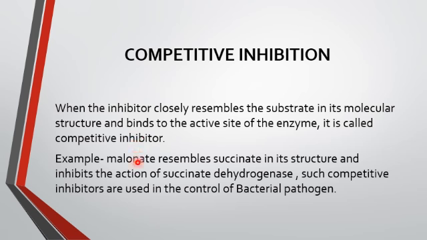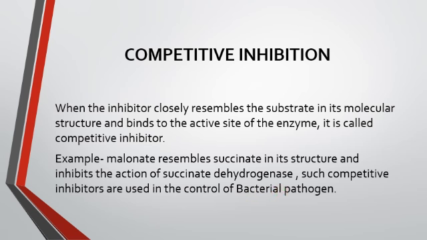An example is malonate. Malonate resembles succinate in its structure because both are carbon 4 compounds, and it inhibits the action of succinate dehydrogenase.